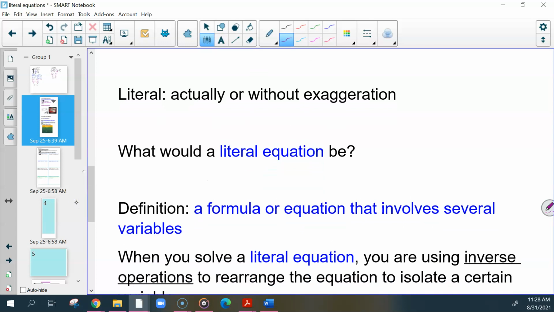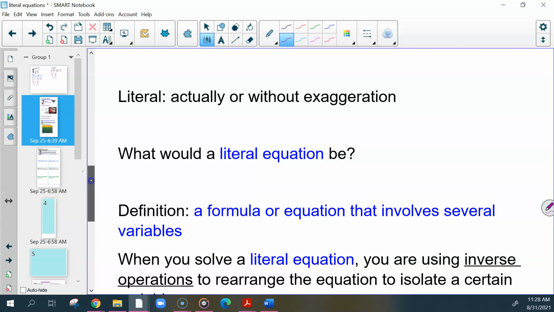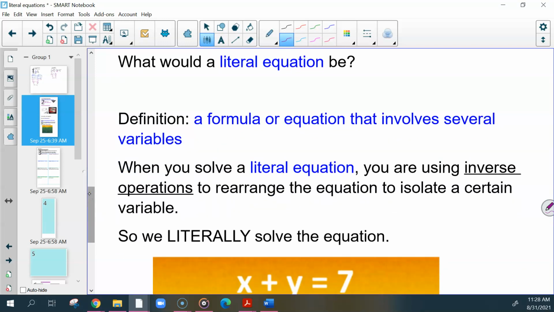So literal in general means actually, as opposed to an exaggeration, but when we talk about a literal equation, it's kind of different. A literal equation is some sort of equation that we would solve just like a regular equation, except we're not going to get an actual answer.